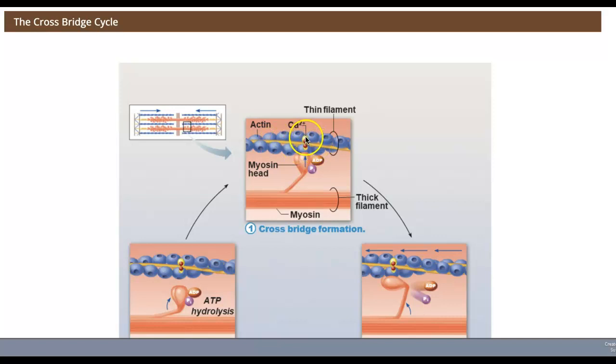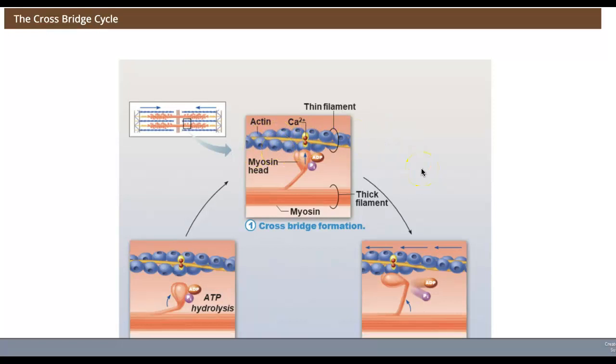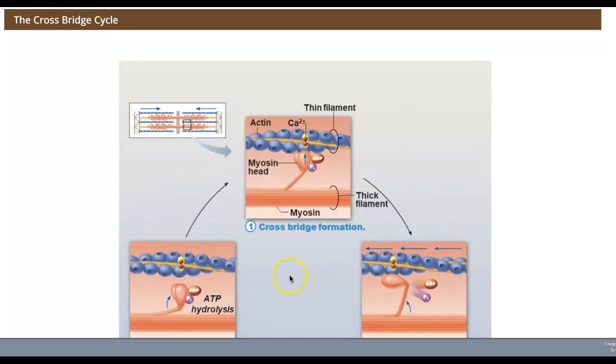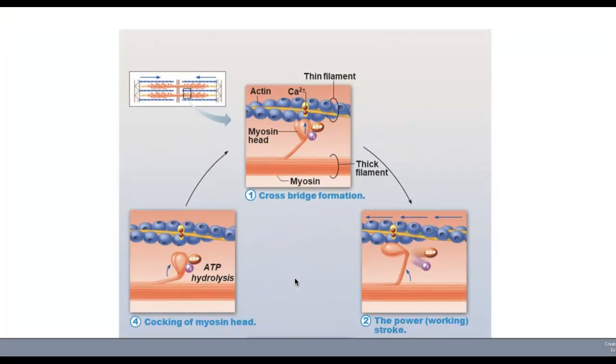Tropomyosin is attached to troponin, those little yellow spheres, and in order to uncover actin's myosin binding site, the sarcoplasmic reticula need to release calcium within the cell. That calcium is going to bind to troponin. When it binds to troponin, troponin is going to shift, and that pulls tropomyosin out of the way of actin's myosin binding site. So that has to happen before this cross-bridge cycle can occur.